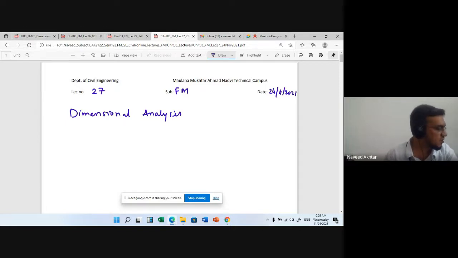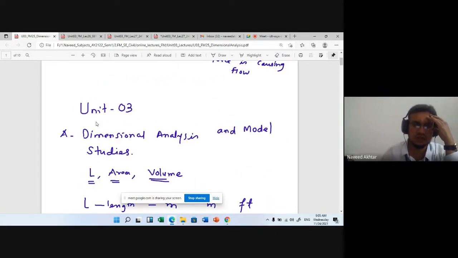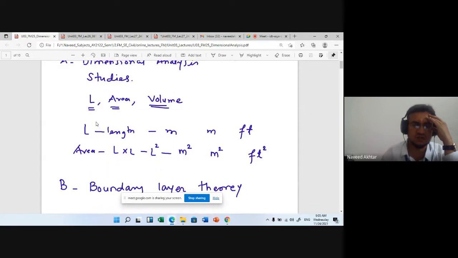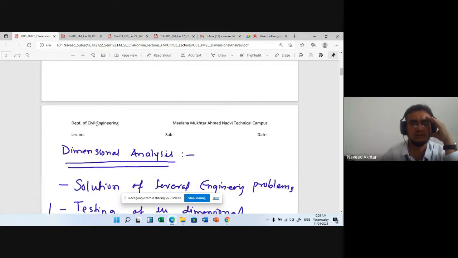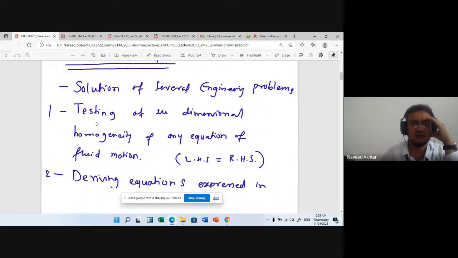Already we have seen many things; we started from lecture number 25 that in dimensional analysis and model analysis we need the basic units, that is length, mass and time, and why we are going for the analysis.